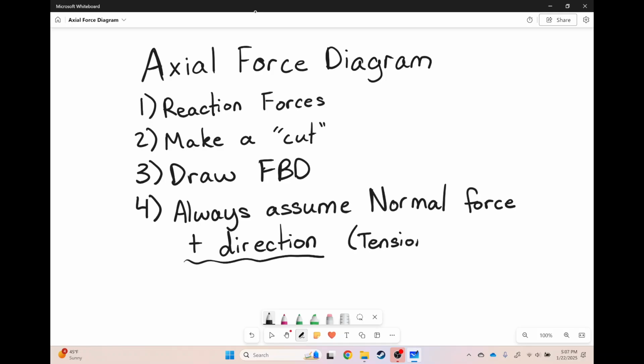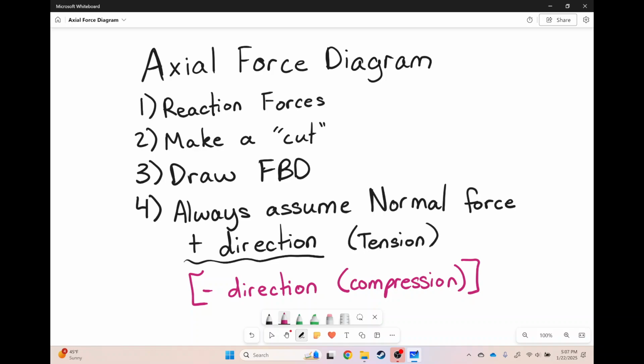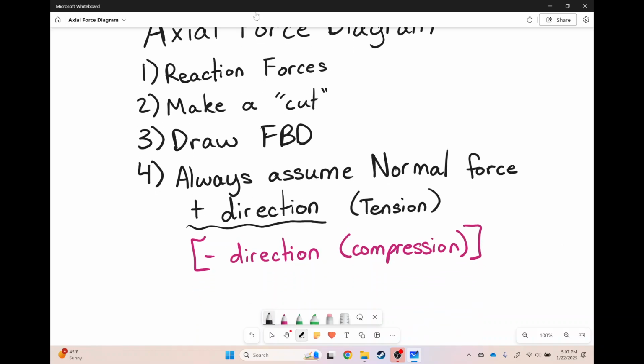Tension is very specifically away from the face versus the negative one. Just as a recap, the negative direction is a compression, and that's going towards the face. So just as an aside here, remember that positive is always away from the face, and that's in tension. The negative direction is compression, that's towards the face. So on our free body diagram, we're always going to assume a normal force in the positive direction.